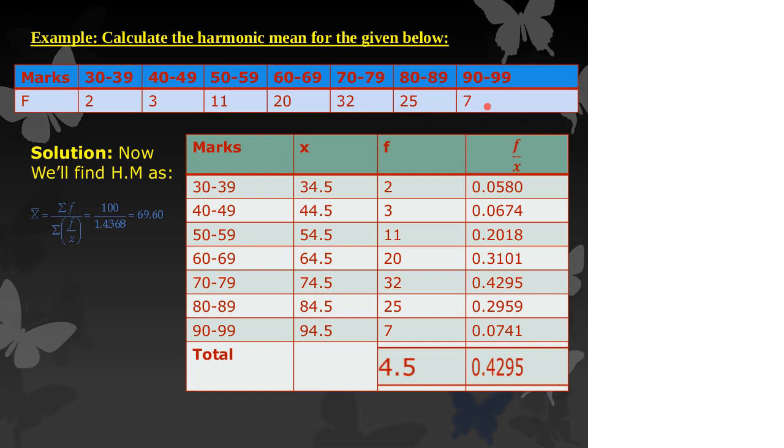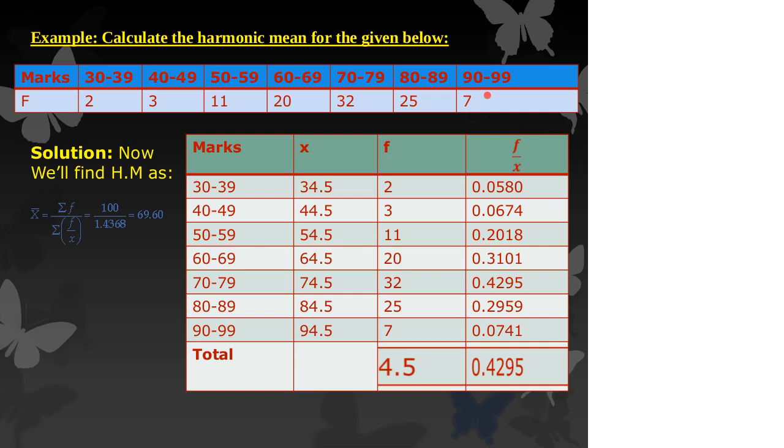So the number of observations is 100. N is 100. So we note down that our N equals 100.